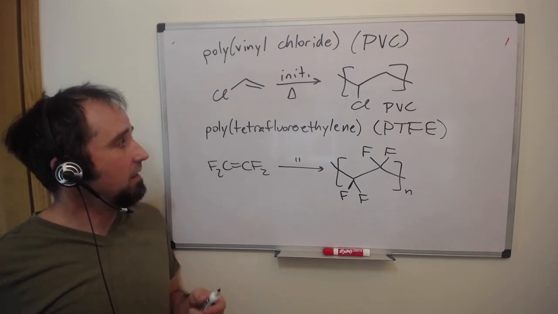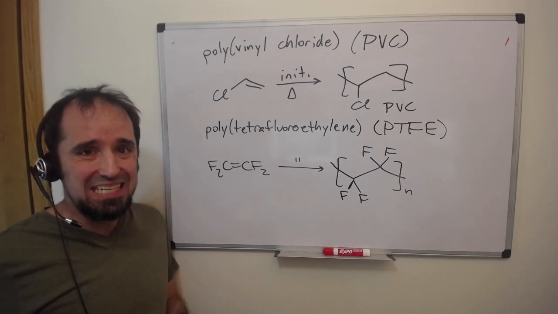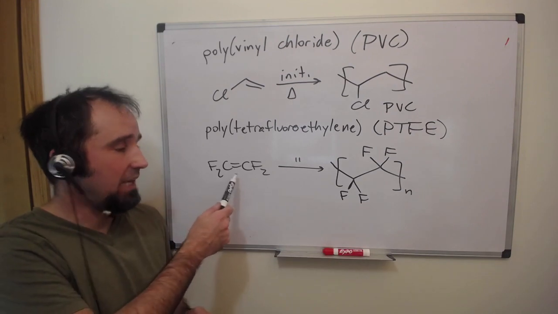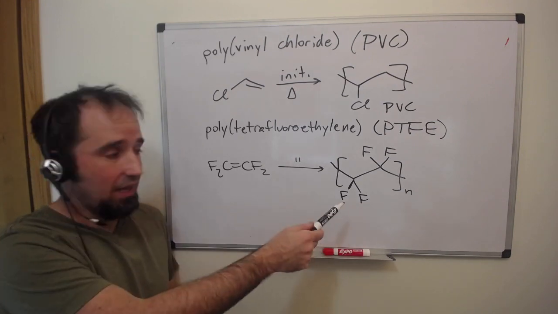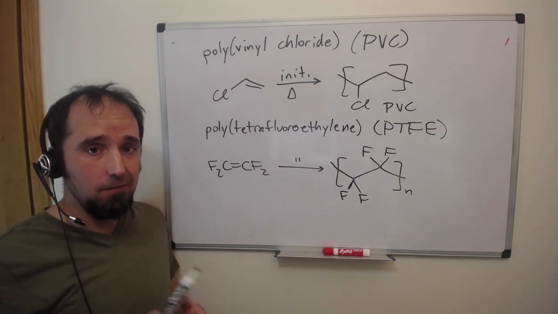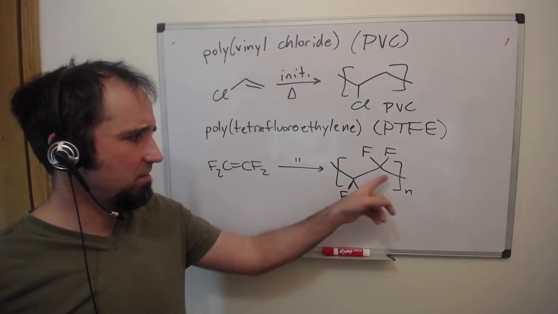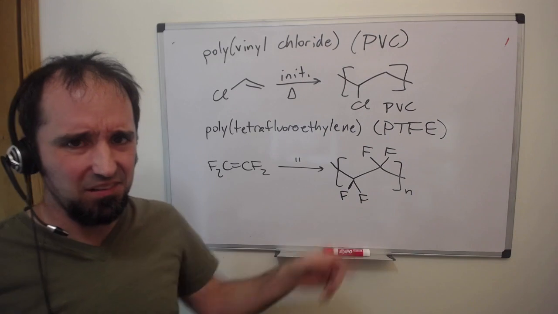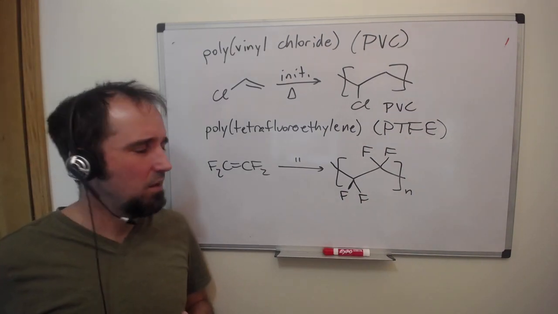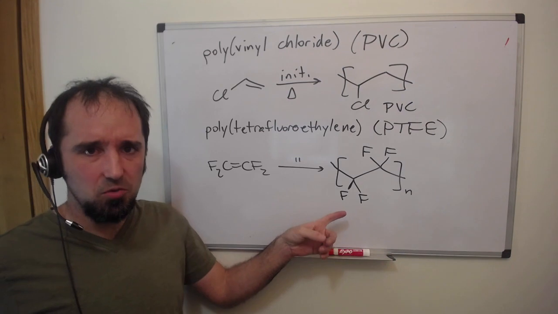And then we have polytetrafluoroethylene, or PTFE. Right, so here we take an alkene with 4 fluorines on it, and we get this compound that's just a big long carbon chain with fluorines on it. You might ask, why did I draw the box around 2 carbons if the 2 carbons are the same? Well, it kind of gets back to how the thing was made, so that's generally how we draw it. So what is this used for?